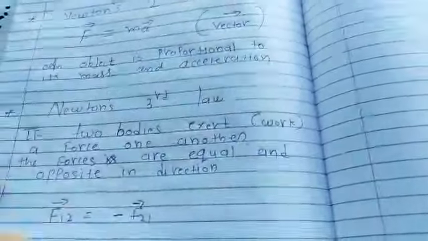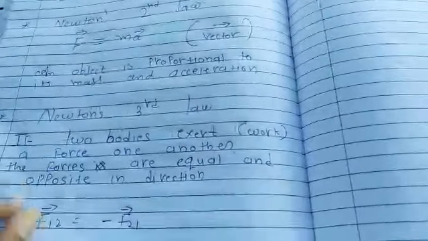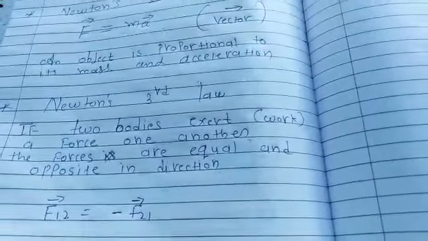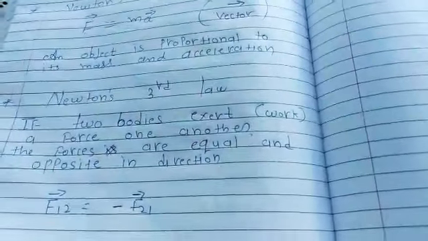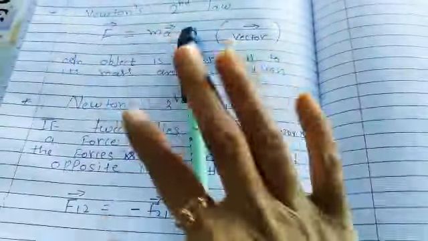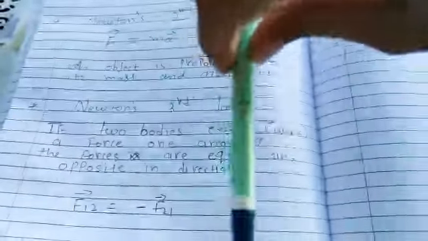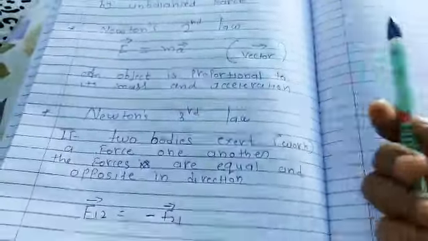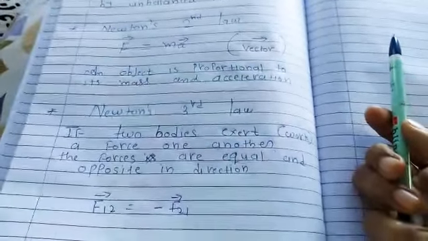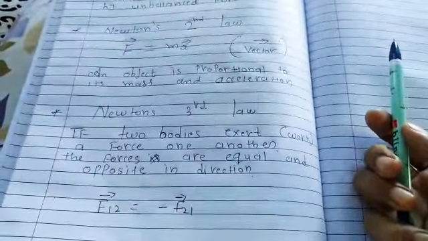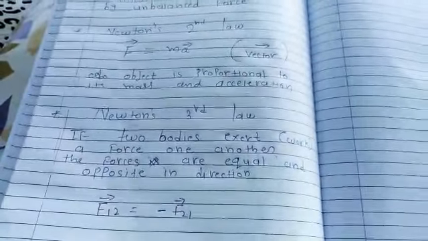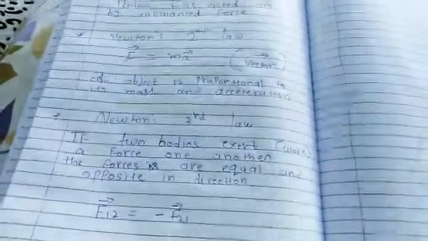This is very important. Forces are equal and opposite in direction. What does it mean? Okay, let's see the example. Here is the pen. I'm holding it, I'm pulling it. I don't require much energy for it.